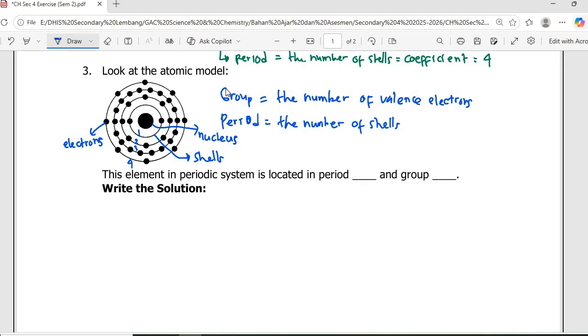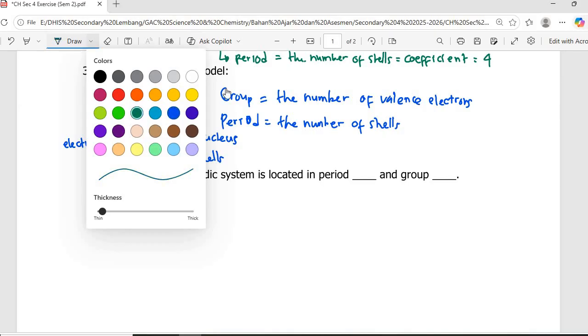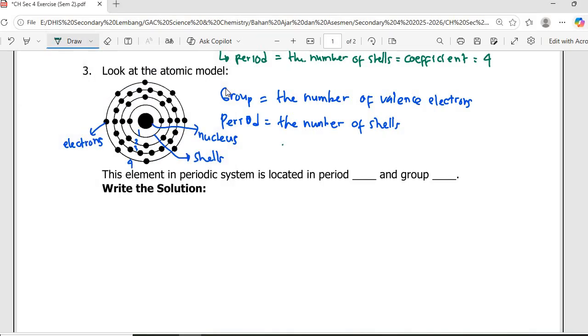From this we can determine which ones are valence electrons and how many shells there are. Based on this atomic model, there are 4 shells.